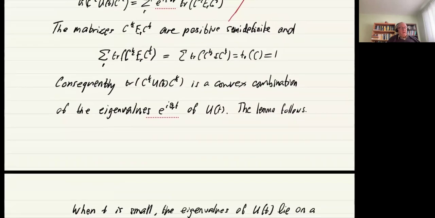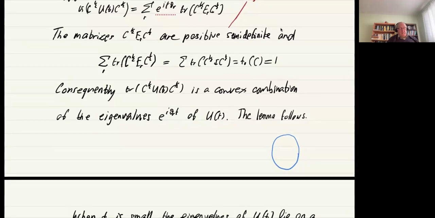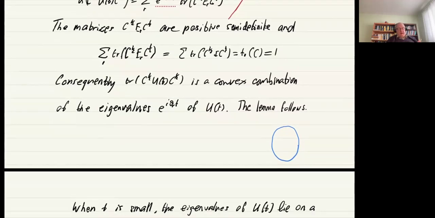Now, go back to the picture. There's the unit circle, badly drawn. And we've got the eigenvalues of e to the i theta r t. Now, when t is 0, they're all equal to 1. So there's the unit circle, and there's a 0 there in the middle.